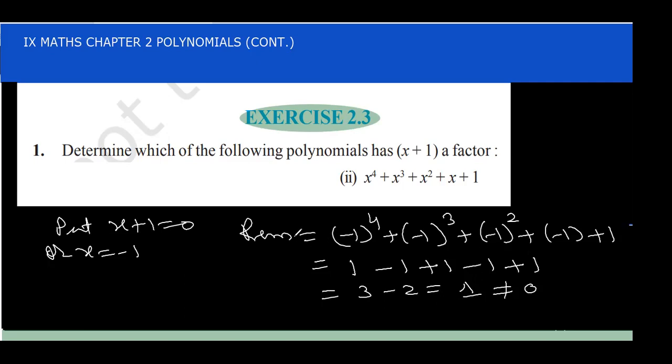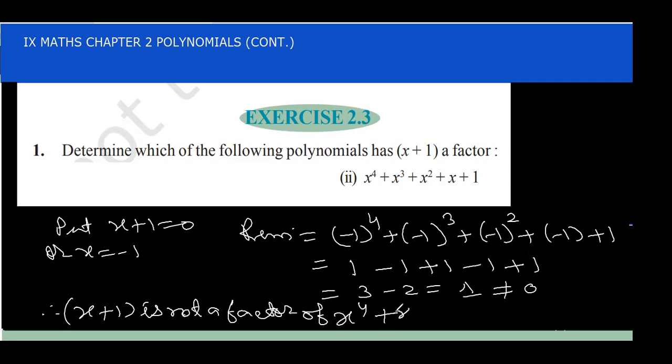Because the remainder is not equal to 0, that is why divisor is not the factor of the dividend. अगर आप इसको divide करेंगे तो ये x plus 1 इसका factor नहीं होगा. So therefore x plus 1 is not a factor of the polynomial, that is x power 4 plus x power 3 plus x power 2 plus x plus 1, and this is answer of this question.